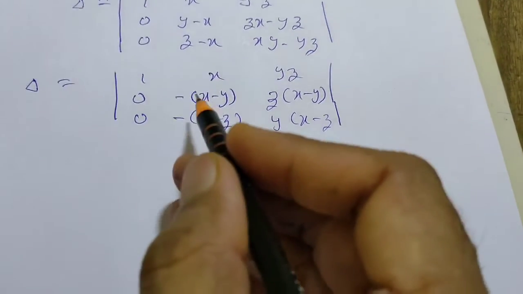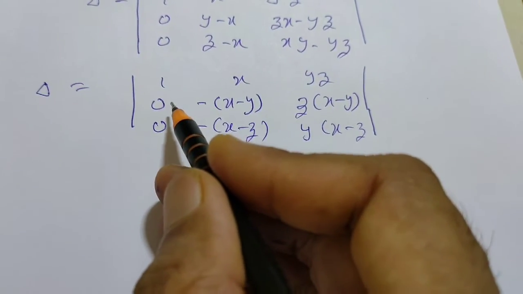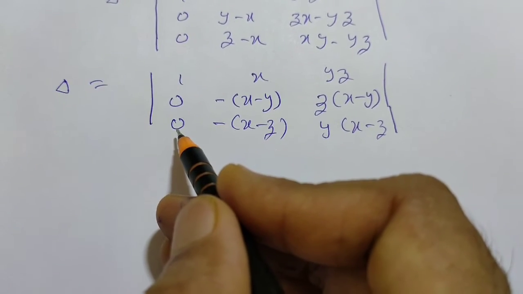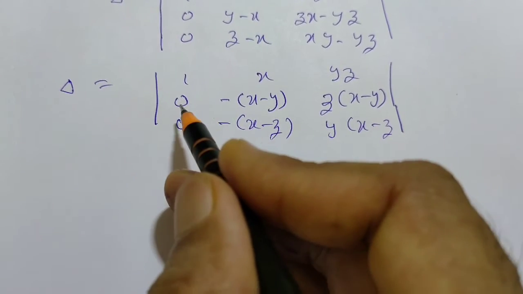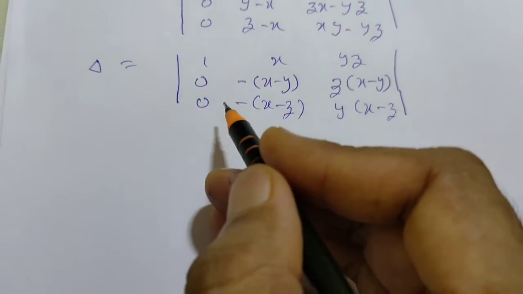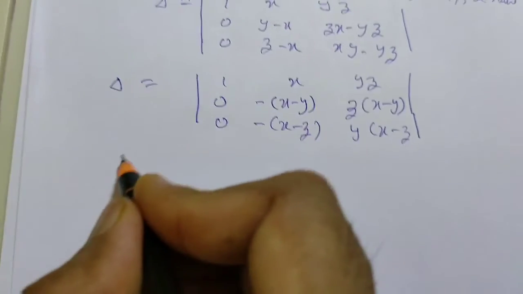Now you can see that from row 2, the 0 can be written as 0 into x minus y. Similarly here we can write it as 0 into x minus z. So from R2 we can take out x minus y common, and from R3 we can take out x minus z common.